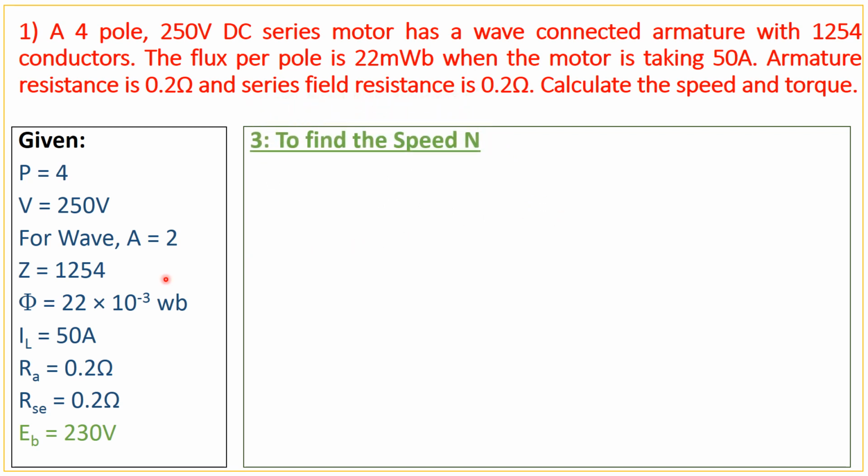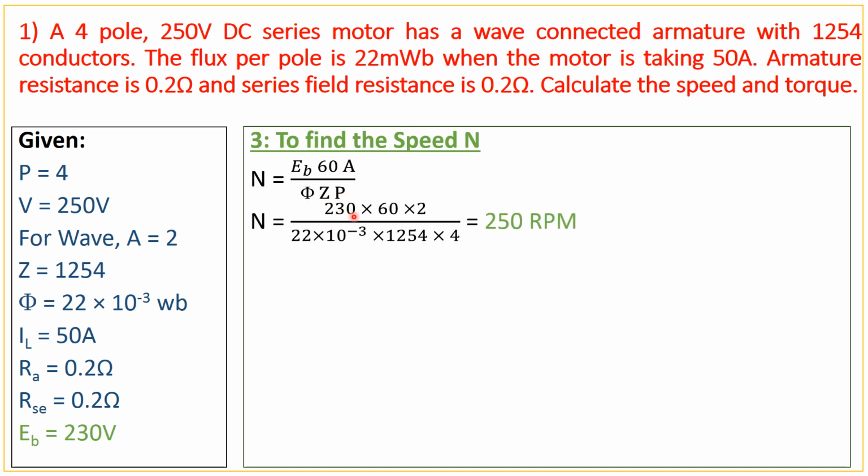So once you get the back EMF EB as 230 volts, next is to find the speed N as given in the question. So next N is equal to EB into 60 into A by phi ZP. Here A is equal to 2 since it is wave winding. So EB is 230 volts, 60, since it is wave it is 2.